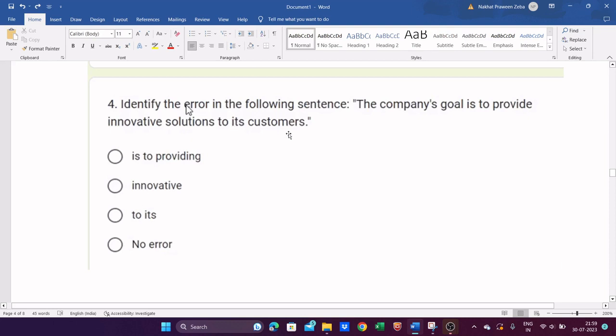Its customers. To providing, no, not correct. Innovative is correct. So either no error or to its. But I think if we focus on the apostrophe, to its will be the answer. Either that, or it seems a correct sentence, so no error.